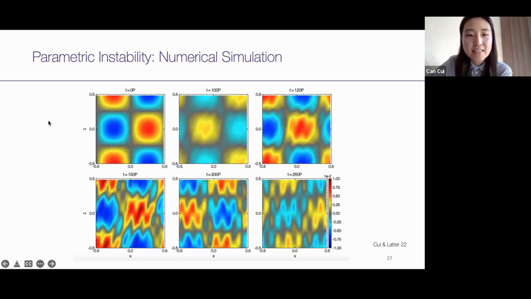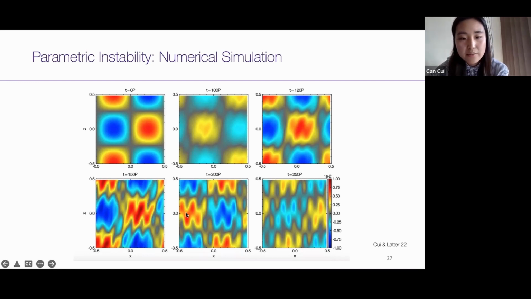So here are the simulation results. The colors are the azimuthal velocities. We can see that at t equals 0, that's our initial condition, so that's purely a VSI wave. But as time evolves, we can see that this VSI wave is disrupted by the secondary waves.